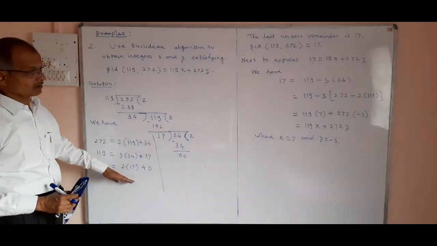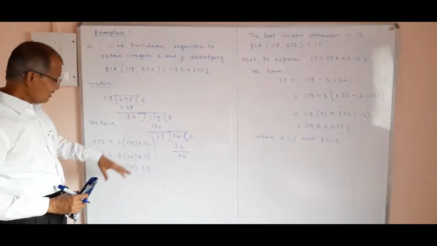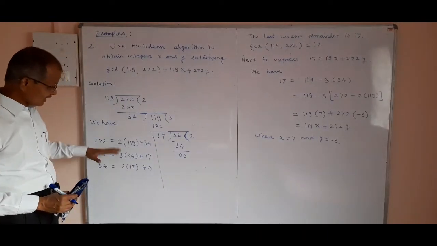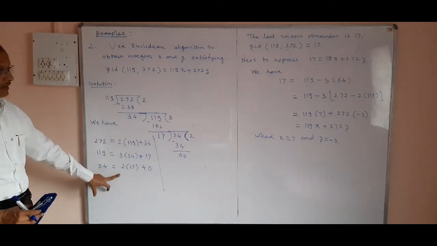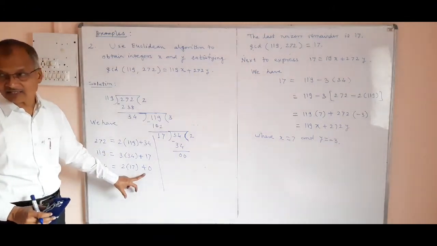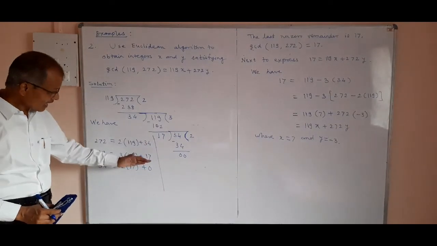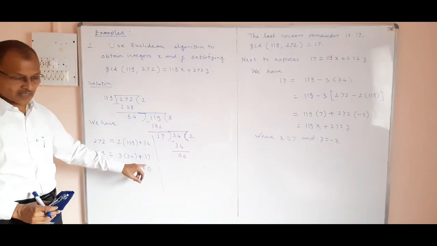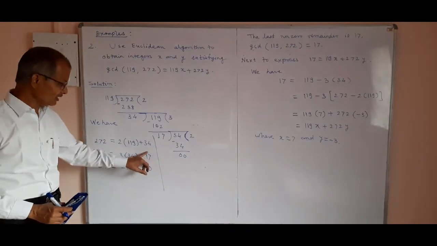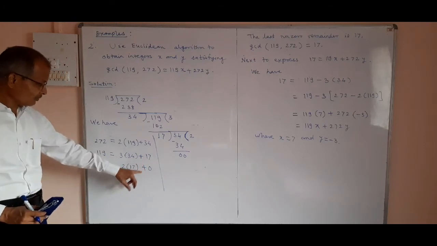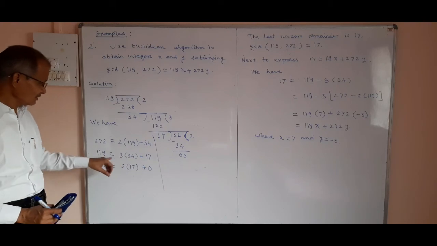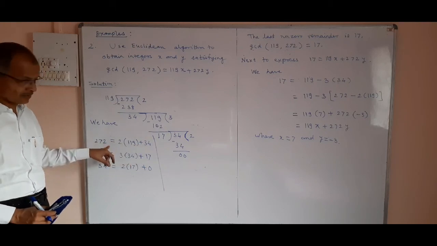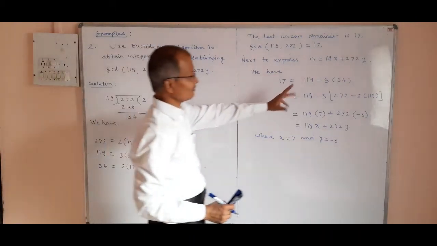So in this way we can first obtain the greatest common divisor of any two integers by this Euclidean algorithm process. Then we write this set of equations from the first division, second division, third division, and consider the last non-zero remainder as the GCD. Here it is 17. Now express 17 from the second last equation, not the last one, in terms of 119 and 34, then 34 in terms of the first equation, and simplify the terms.